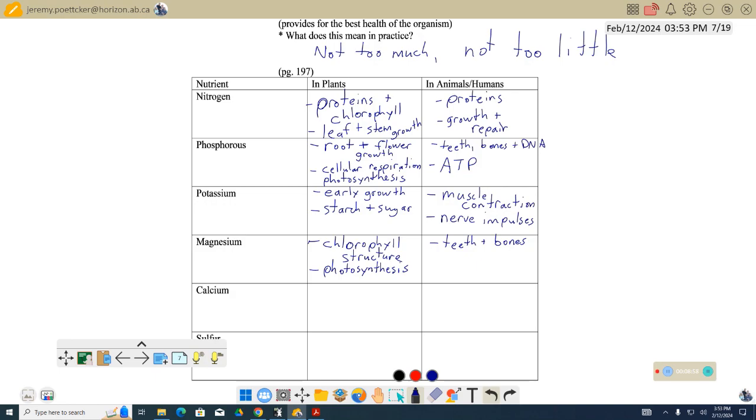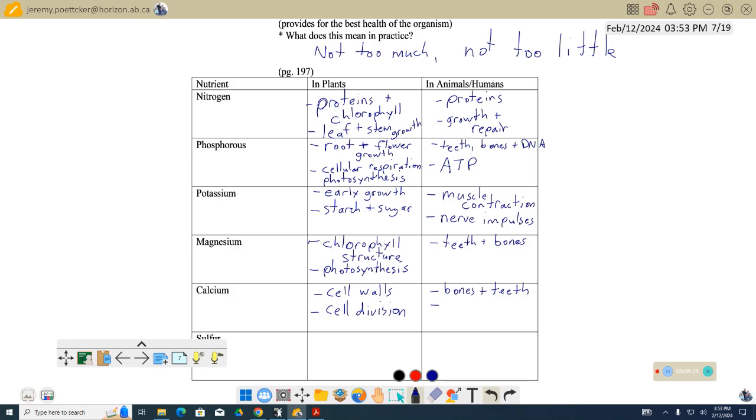Calcium itself in plants, used for cell walls. Also important for cell division. So think back to mitosis especially. When we talk about humans and animals, bones and teeth, we need calcium.